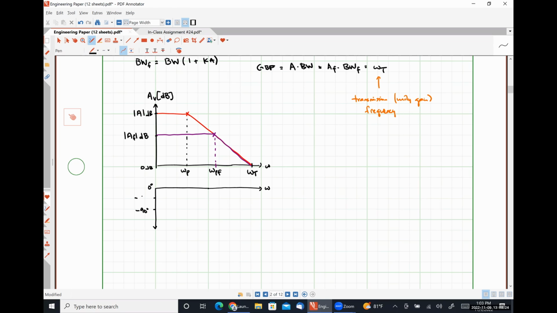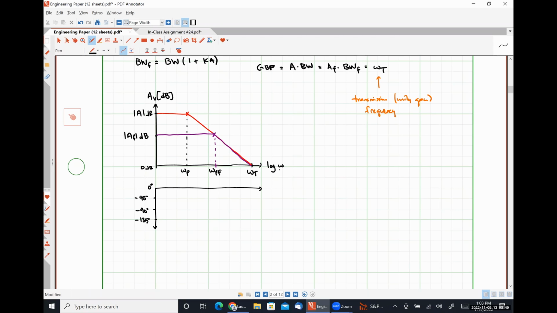So this one is going to be -45 degrees. Down here, although we're not going to use it, is -135 degrees. And so what we should see without feedback is that at a frequency of approximately 1/10 of omega p... actually, let me specify something here.